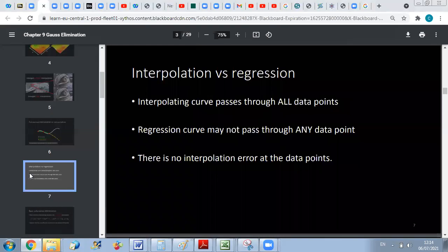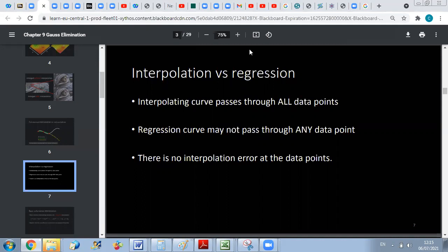Now, let us compare interpolation and regression. So in previous chapters, 14, 15, we have introduced regression techniques, okay, which consist of finding a fit that minimizes error. What is the main difference between interpolation and regression? First, in regression, your fit doesn't have to pass by any data point.